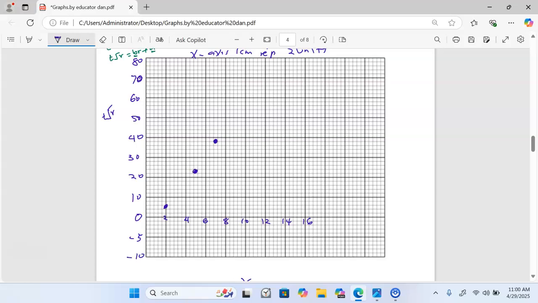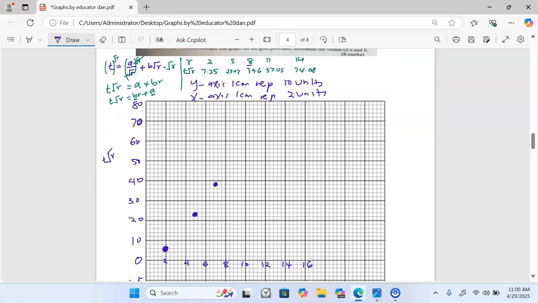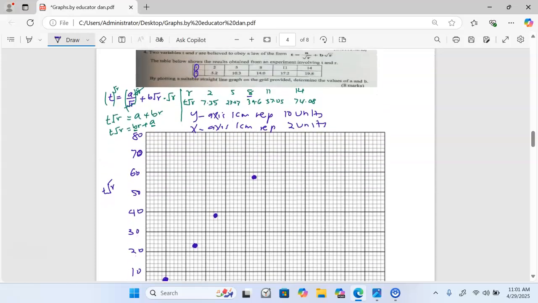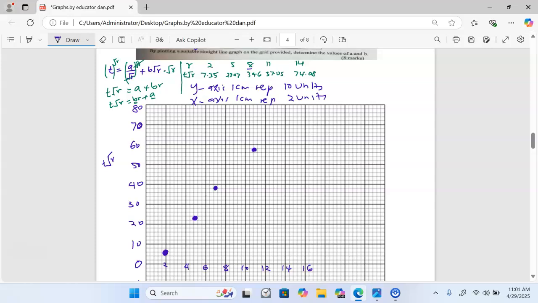Then for 11, we have 57.05. So we are going to have 57 here: 52, 54, 56, 57 is around this point here. And for 14, we are going to have 74.